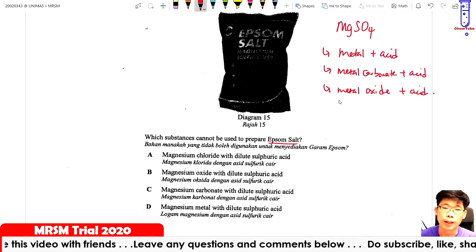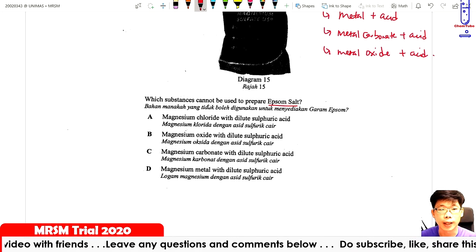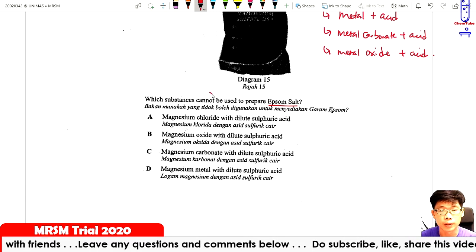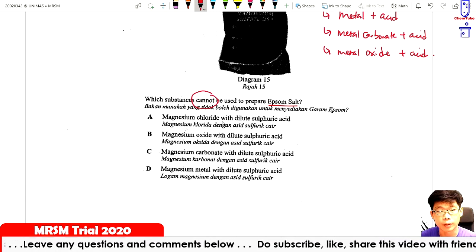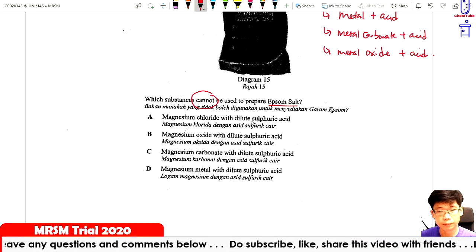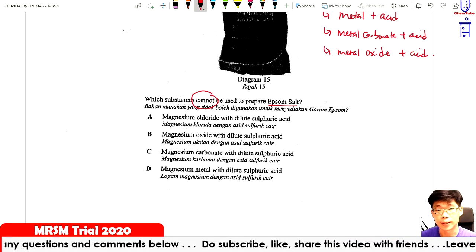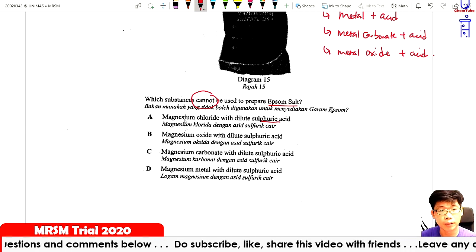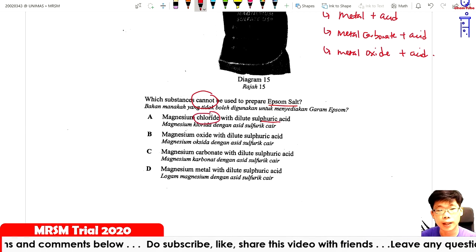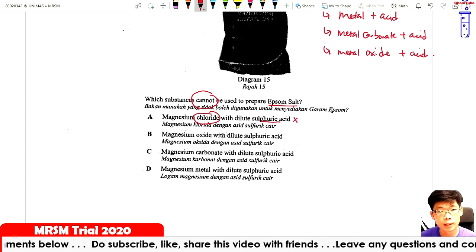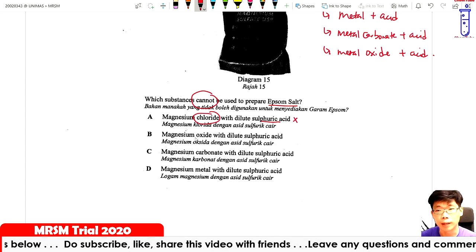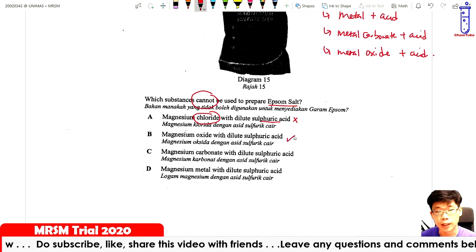Now we check what cannot be, so it's except these three. Magnesium chloride with dilute sulfuric acid. The acid is correct, but magnesium chloride is none of these choices. So A is out. Magnesium oxide with dilute sulfuric acid, yes, metal oxide.